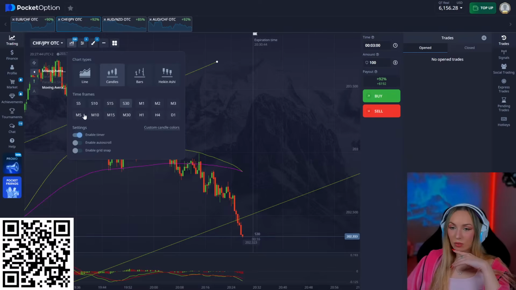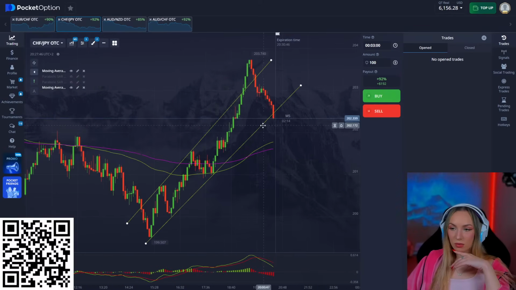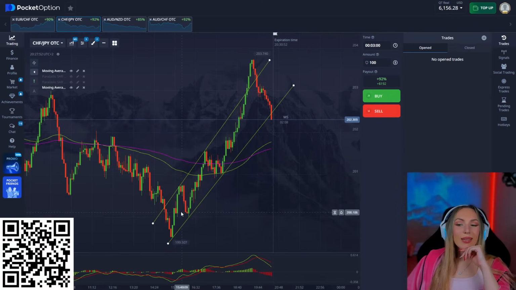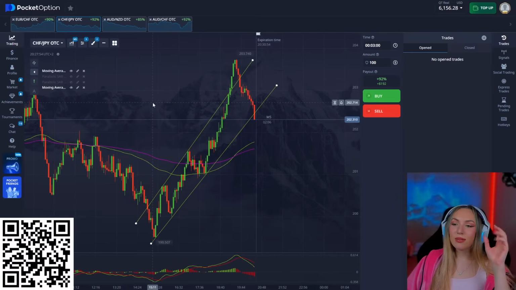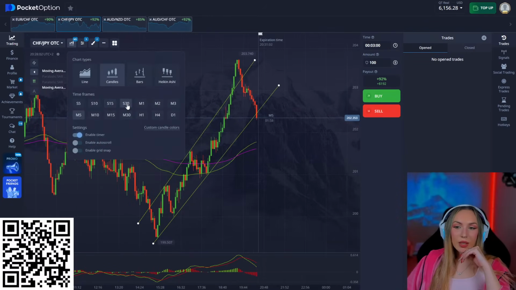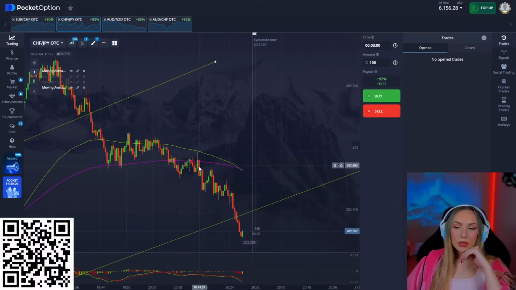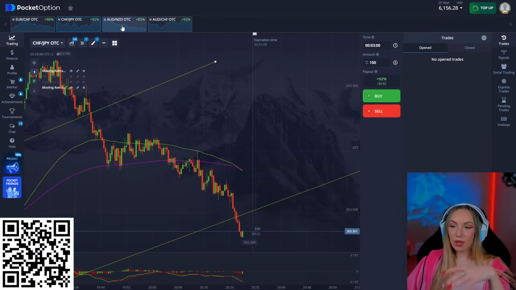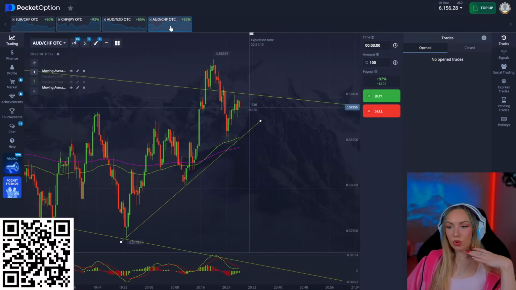This one kind of went down. Well, there was a break here, now it's breaking here. And the channel itself is not super clear, so that was kind of predictable for me. That's why I wasn't afraid to open trades in the downward direction here. I felt like it was going to go down a lot.